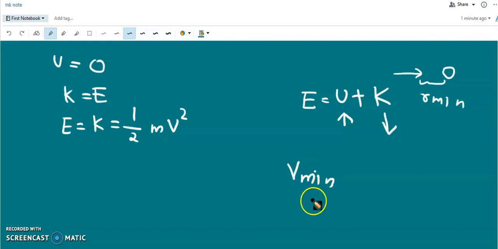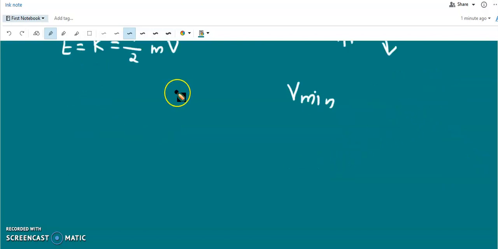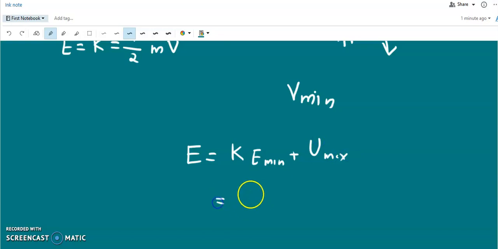So at this point, at a distance R minimum, we can write the energy E equal to the kinetic energy, which is minimum, and the potential energy, which is maximum. So kinetic energy minimum is half m into V minimum square.